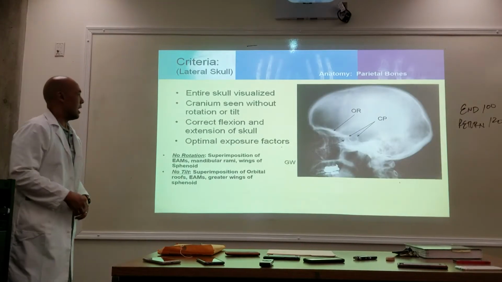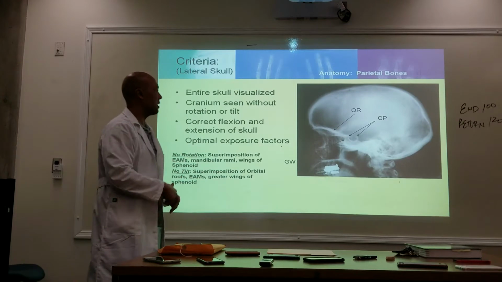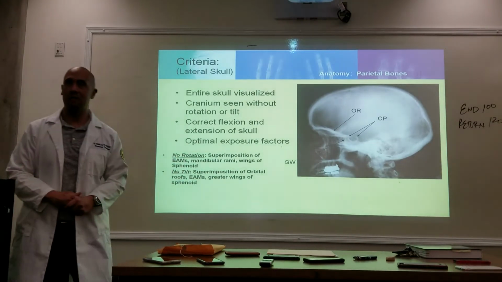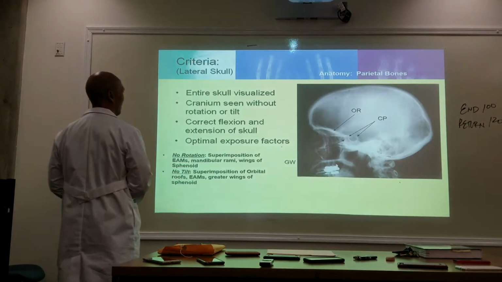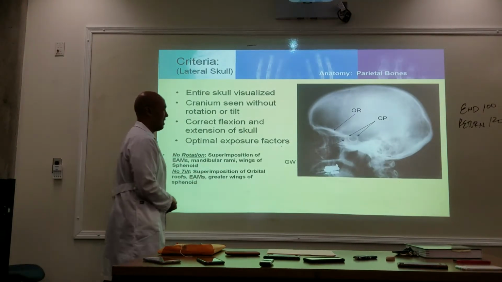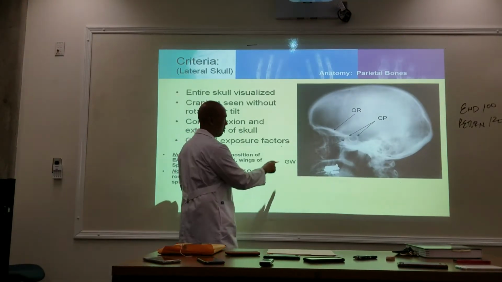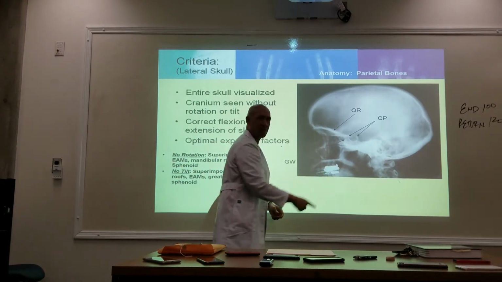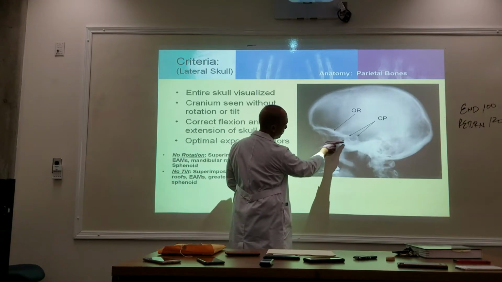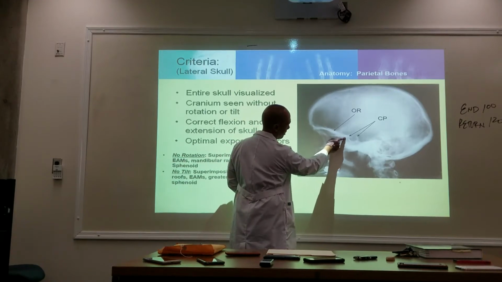Okay. I was looking over these slides and I tweaked it a little bit because there was some misinformation on that as well. I think on your image, the greater wing was pointing somewhere up here. It should be pointing to the straight line down here as the greater wing.